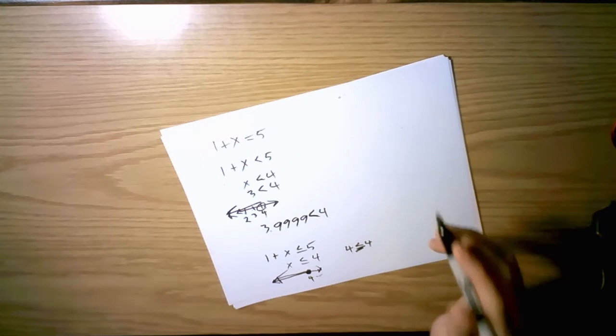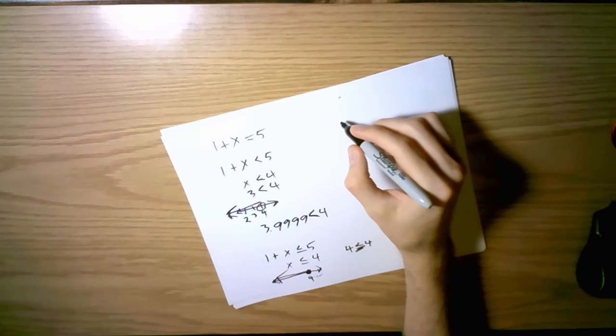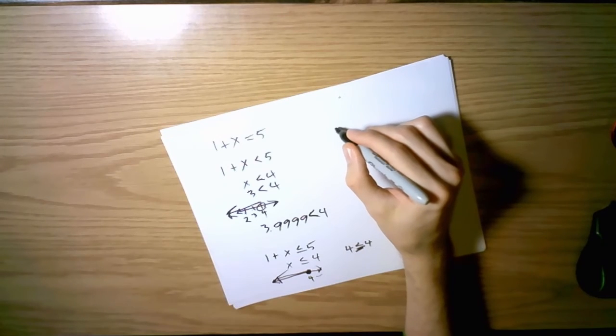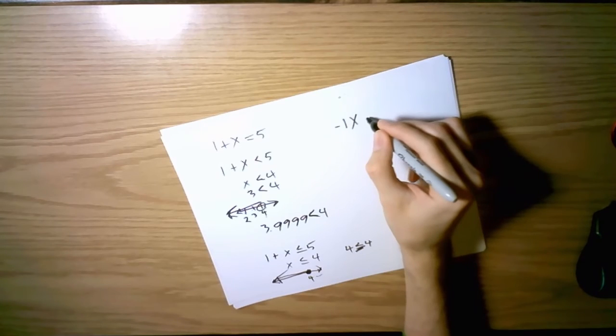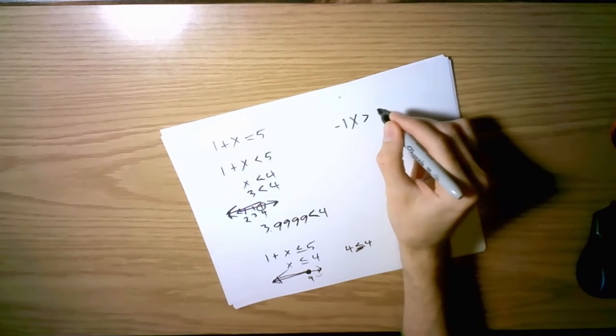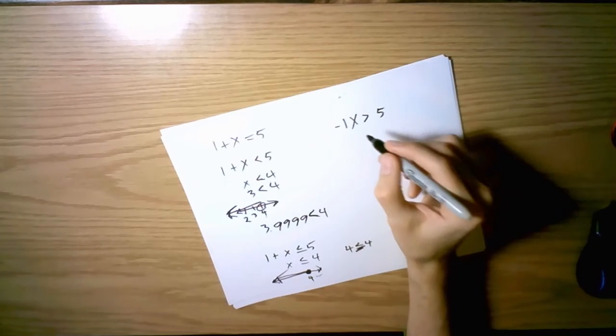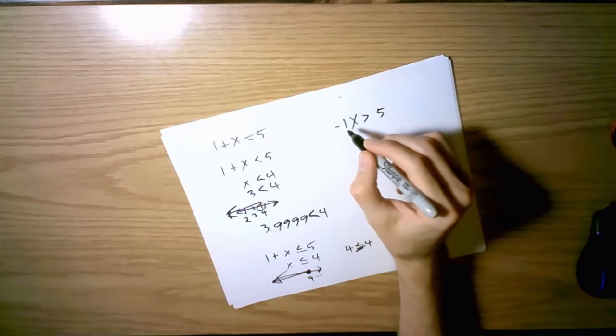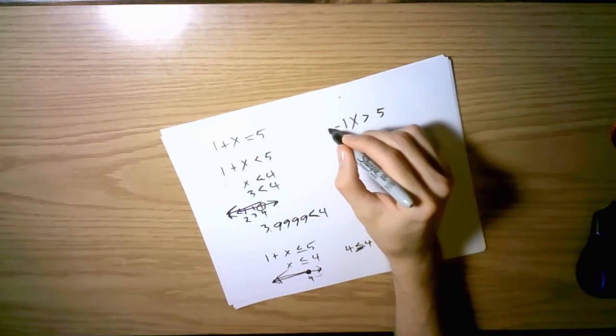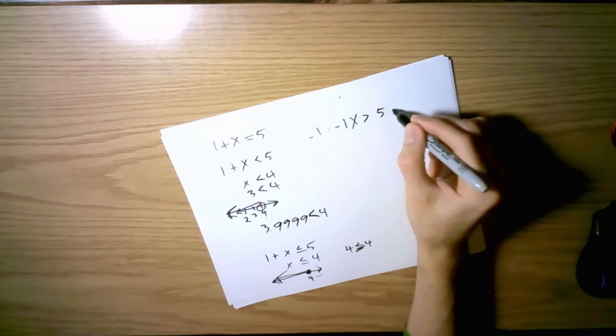I guess I'll get into one last thing. Let's do negative 1x is greater than 5. This gets into multiplication. To get rid of the negative, we can multiply both sides by negative 1.